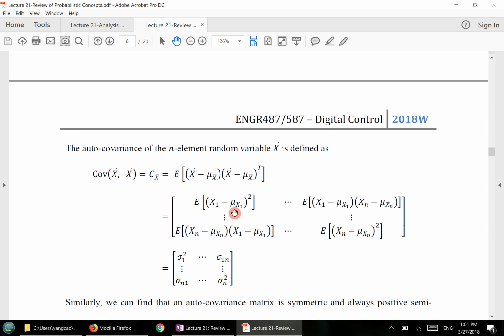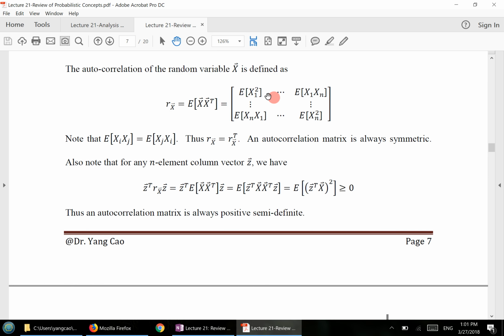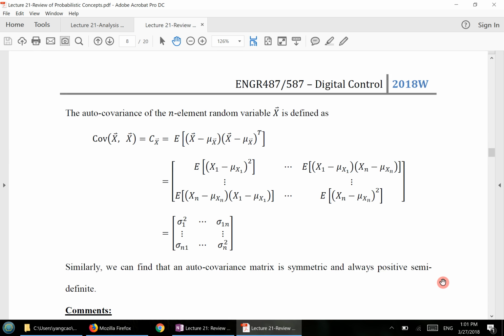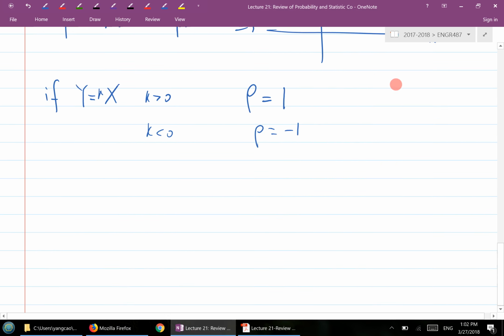So first of all, if the means here are all 0, these two matrices become the same matrix. And if all of the random variables within x are independent, so if you look at x, what is x?